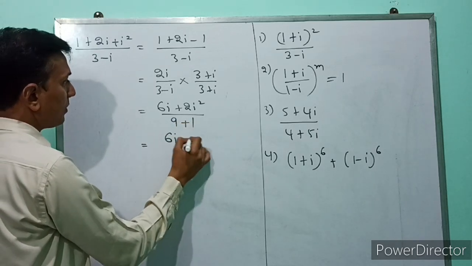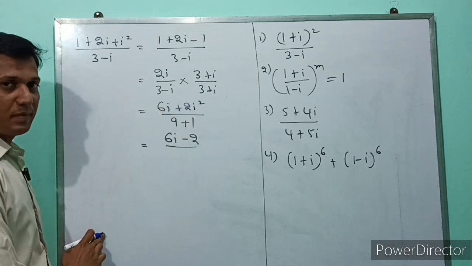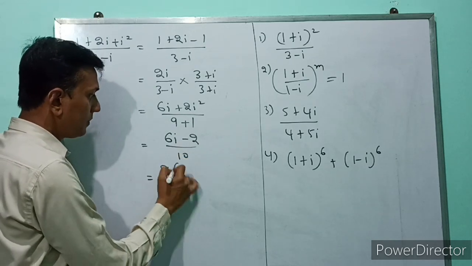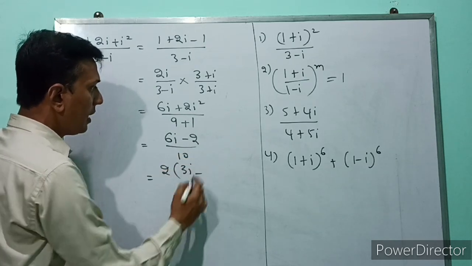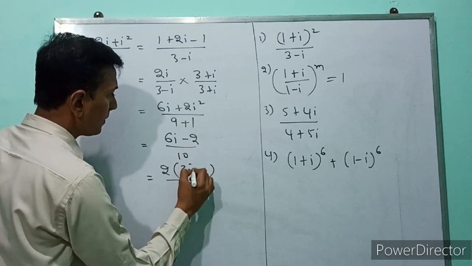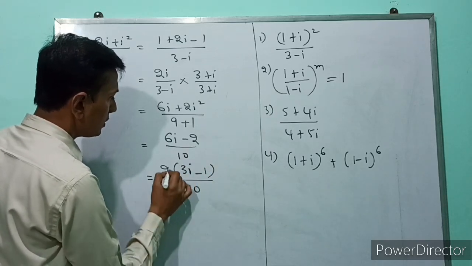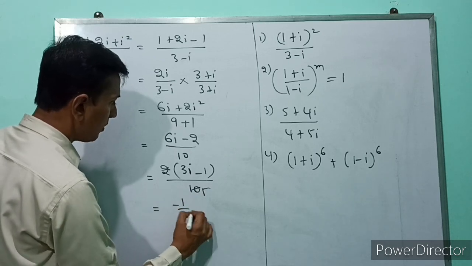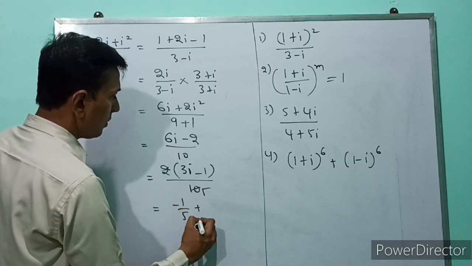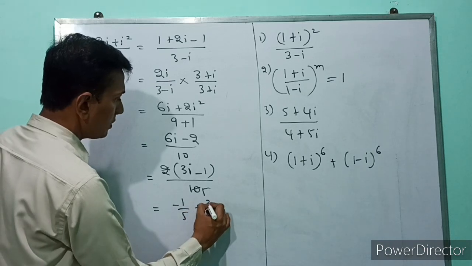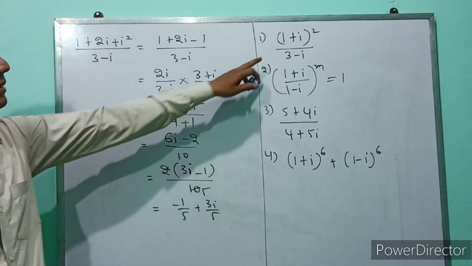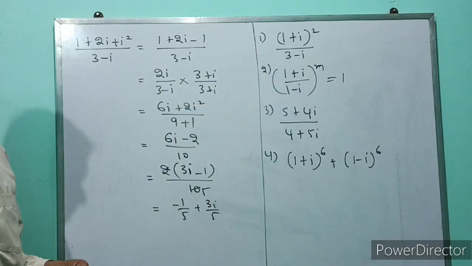So here 6I minus 2 because I square value is minus 1, over 10. So 2 is common, you will get 3I minus 1 by 10. So 2 ones, 2 5s, you will be left with minus 1 by 5 plus 3I by 5. So this is the final simplification of the given problem.